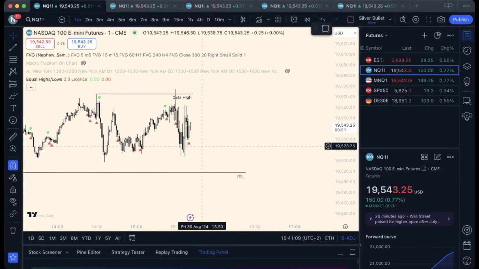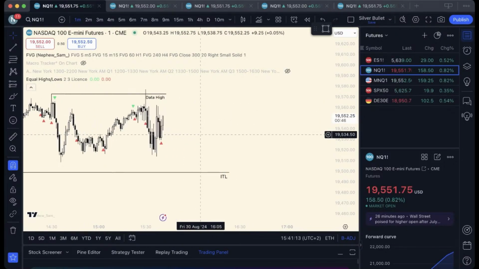This would be nice if we get the move down now, to have some low resistance liquidity resting here.